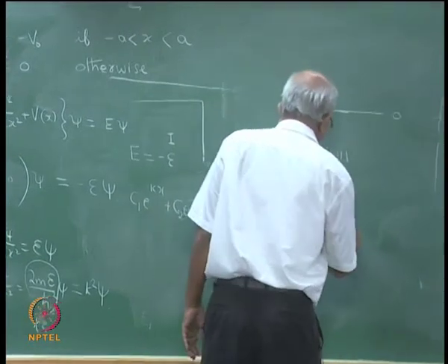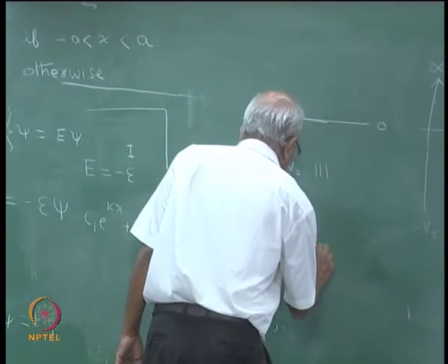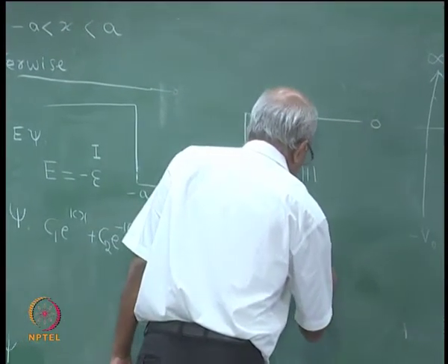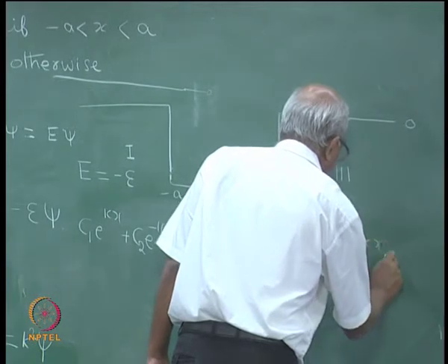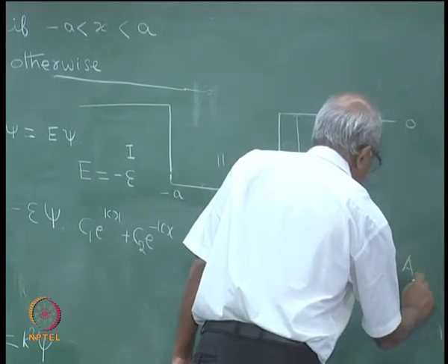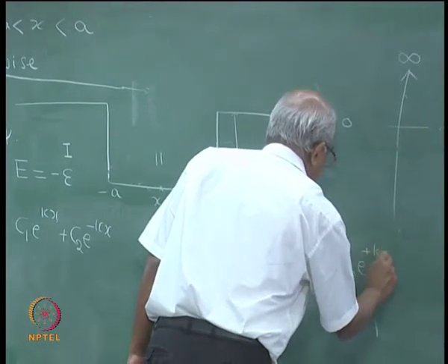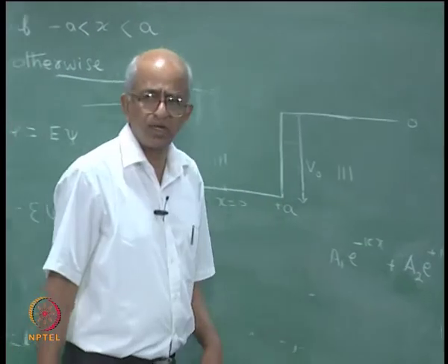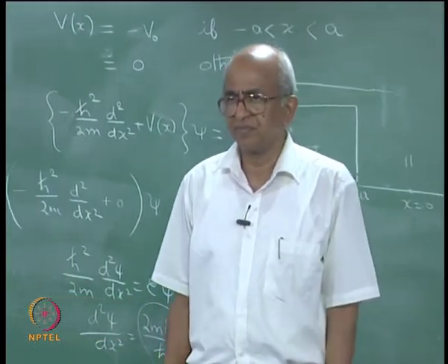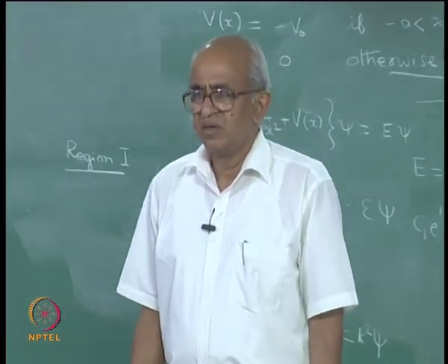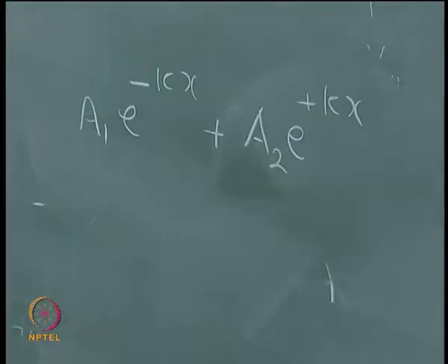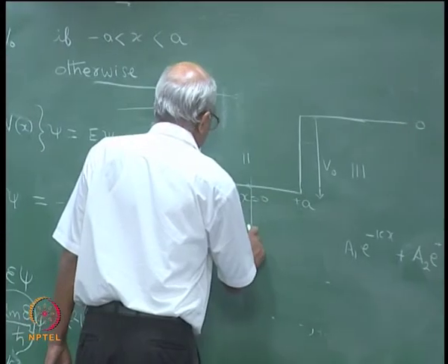The answer is going to be some A1 into e to the power of minus kappa x plus A2 e to the power of plus kappa x, where A1 and A2 are some arbitrary constants. Right. And now you have to look at the solution in region 2.